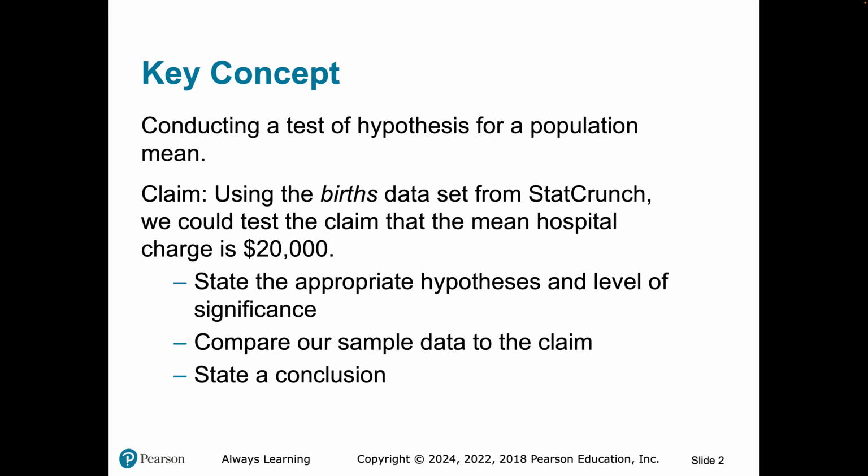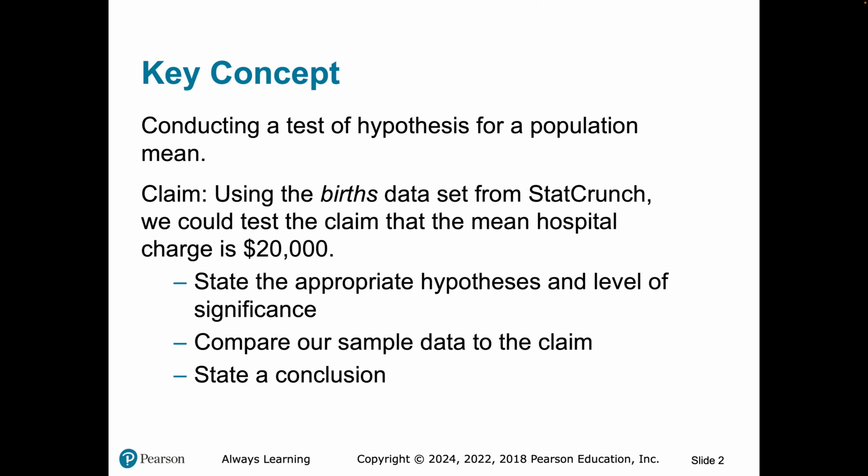So for a test of hypothesis, in statistics from 30,000 feet, we are essentially addressing three components. Number one, we're going to formally state what we're going to test, and we're going to state the level of significance that we're going to test at.